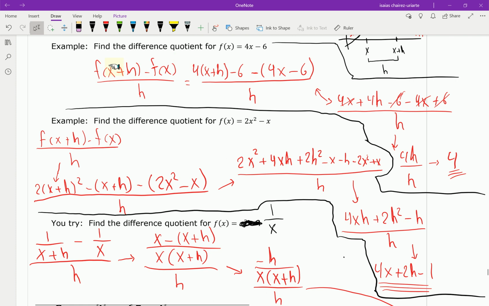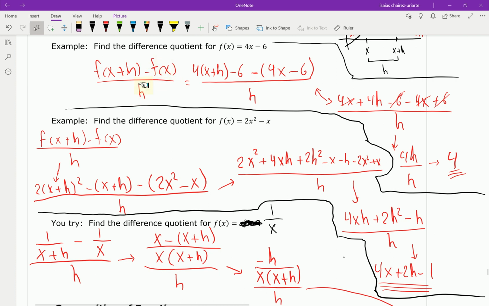So I'm going to begin by forming the difference quotient: f of x plus h minus f of x, divided by h. If you think about it, the difference quotient is made up of 3 little elements. There's the f of x plus h part, there's the f of x part, and then there's the h down here. The f of x and the h are super easy. Those are gimmies.